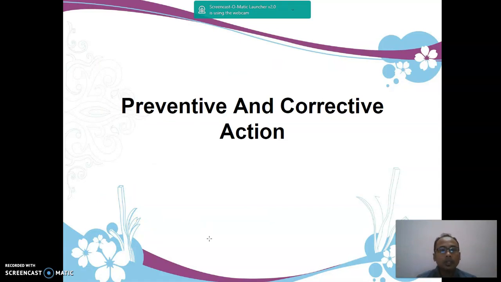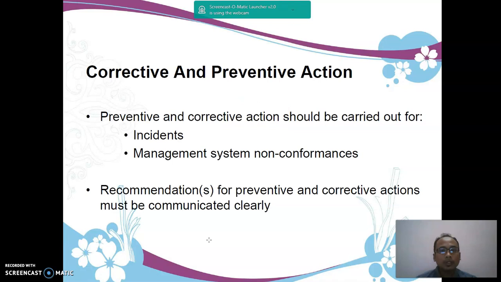So now we look at the preventive and corrective action. For the corrective and preventive action, anything related to incident and also management system non-conformances must be given a good preventive and corrective action.